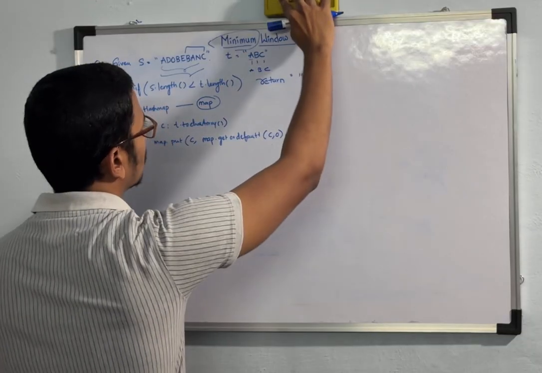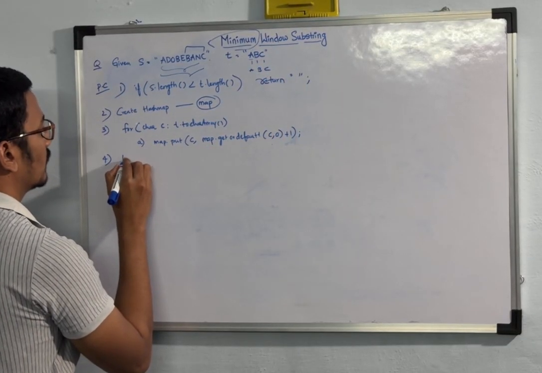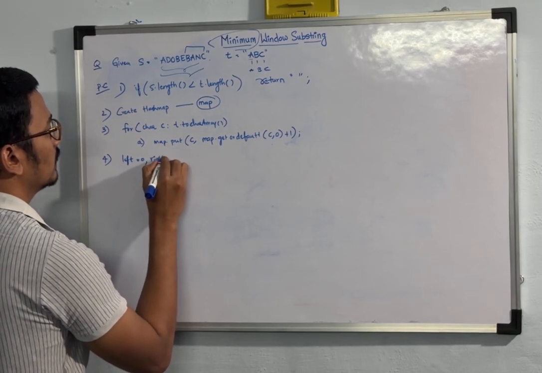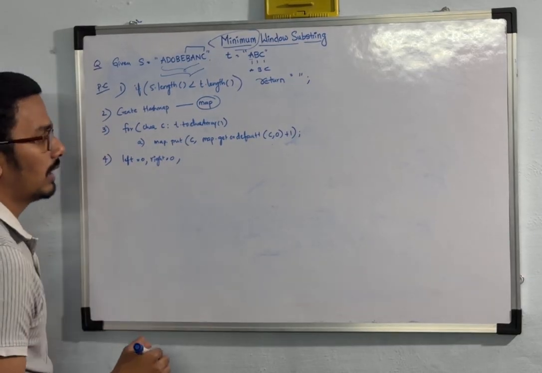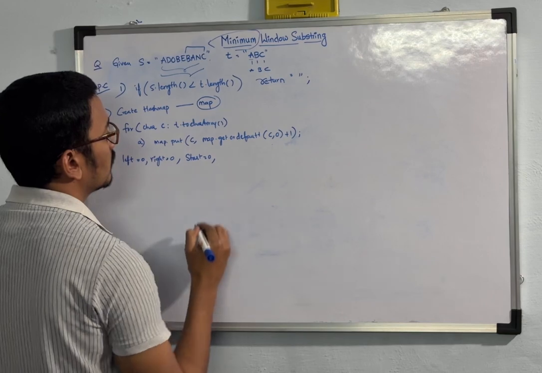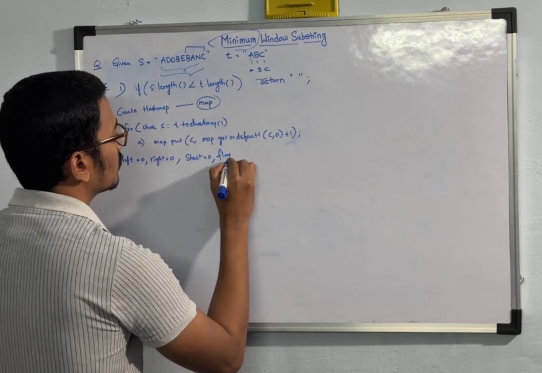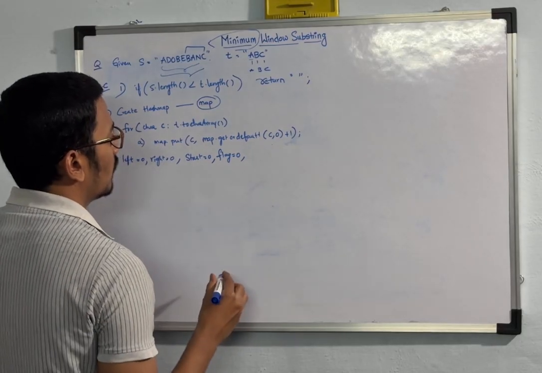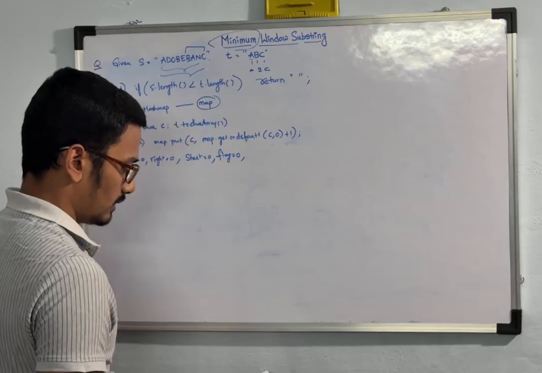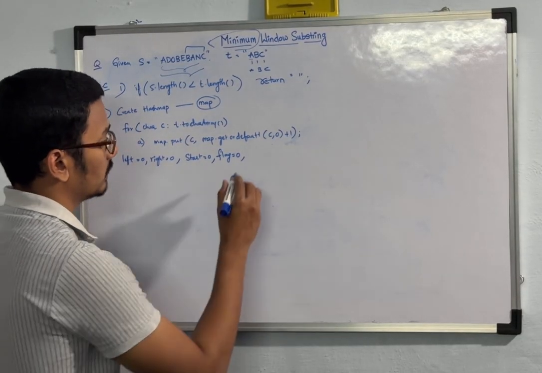So after that we will define some variables. I'll define left initially equal to 0 and right equal to 0 and start equal to 0 and flag equal to 0, and minimum length should be max value, and required.